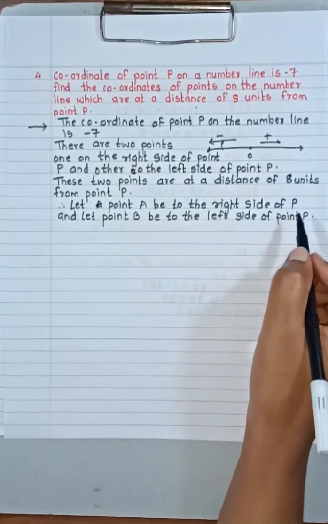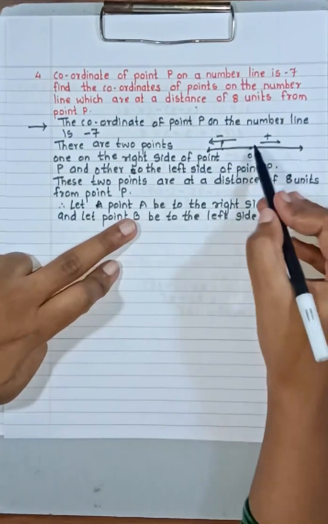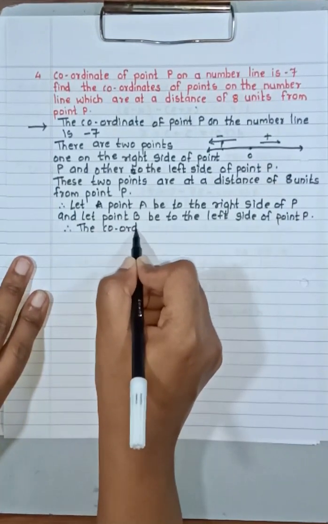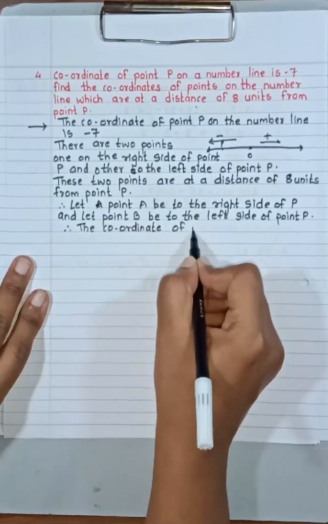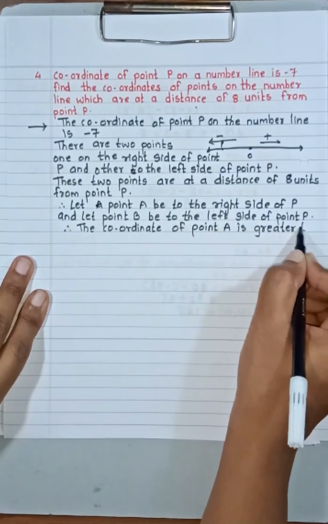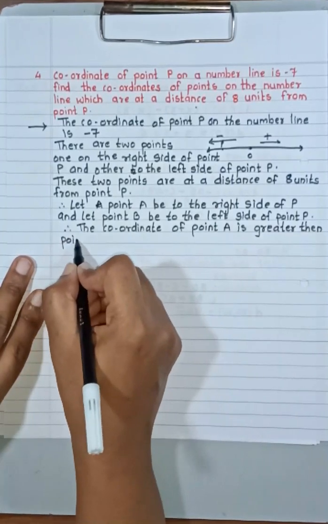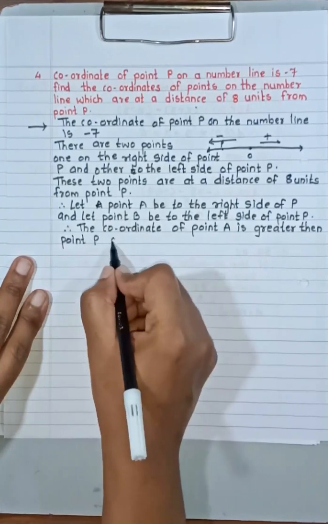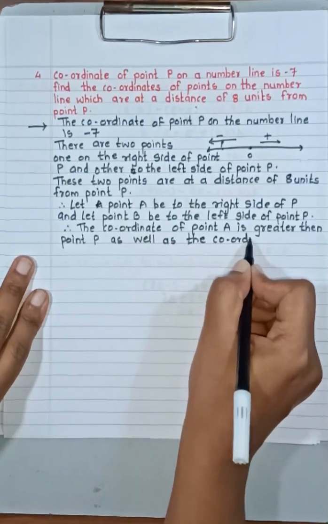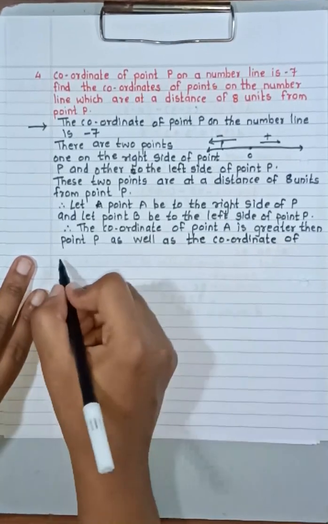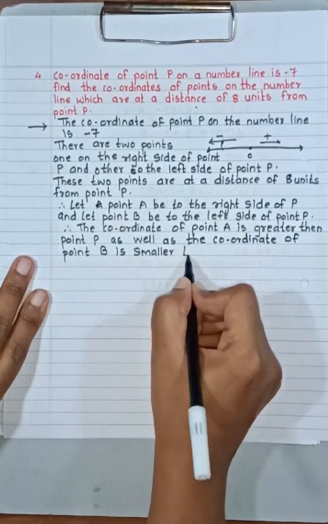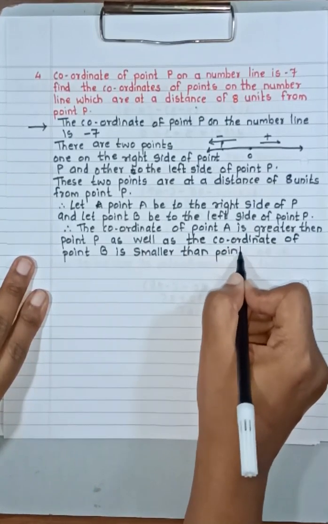Okay. Now if you see, point A is to the right hand side of point P. That means the coordinate of point A is greater than the coordinate of point P, as well as the coordinate of point B is smaller than that of point P. Why is it?